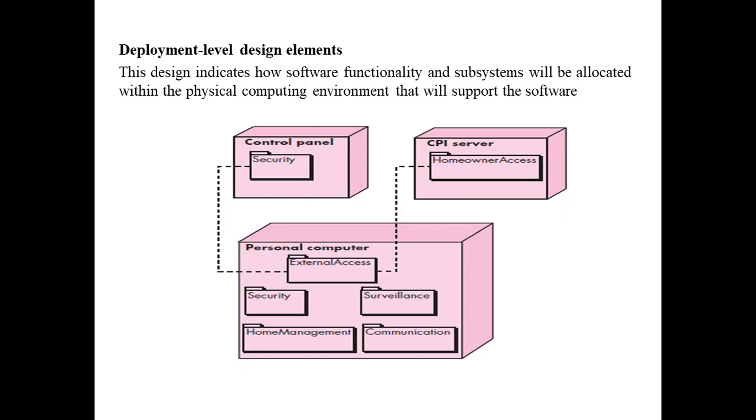Under the CPI server model, a component has been implemented like homeowner access. Likewise, we have a security component in the control panel. Under your personal computer, many components are there for external access, for managing the security, for surveillance, for home management, for communication.